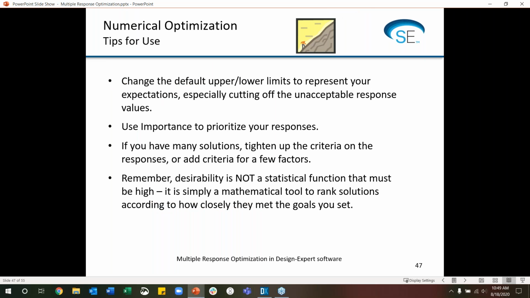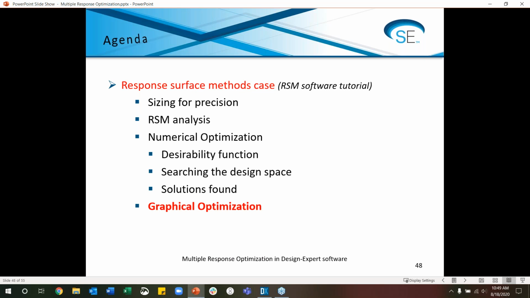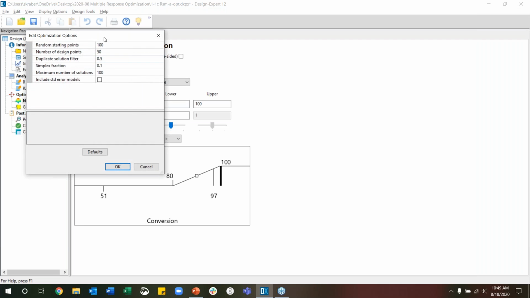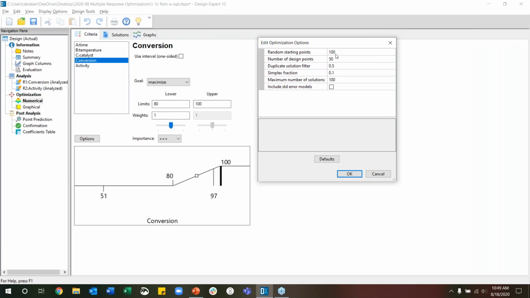Okay, before I go to the graphical optimization, which I'm just going to look through briefly, I will answer one question that I see came in, which is how to change the number of starting points. There's this options button right on the front screen, which allows you to change the random starting points from 100 to more.